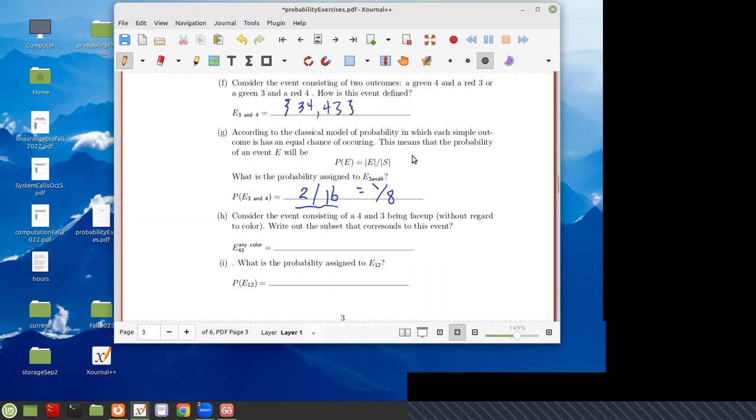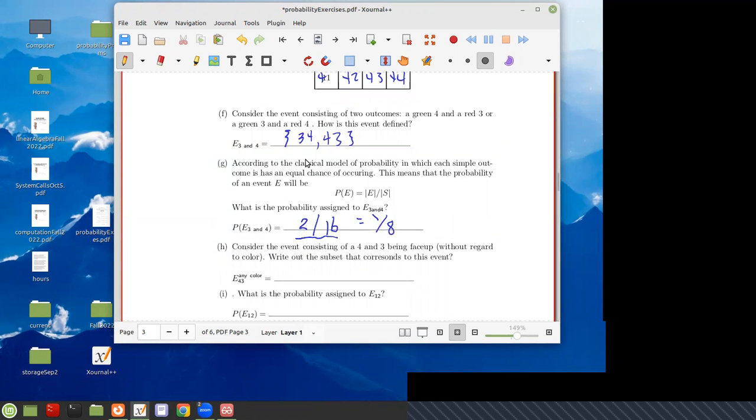Well, again, this is the probability of an event E. So the question here is: what's the probability of 3 and 4? The event is that you see on the faces a 3 and a 4. Well, there are 2 ways that could happen. You could either have a green 4 and a red 3, or a green 3 and a red 4. So these are the 2 possible ways.